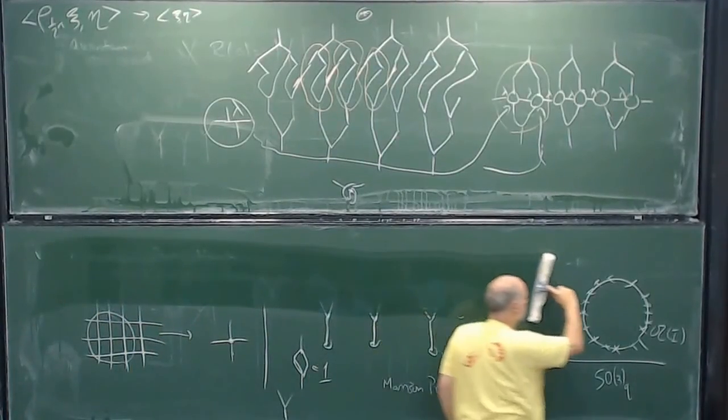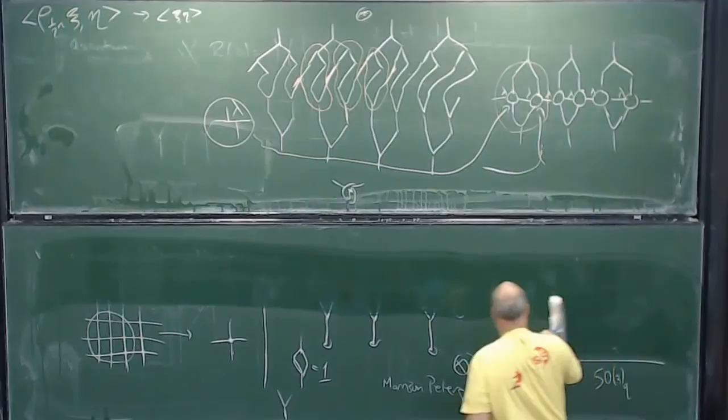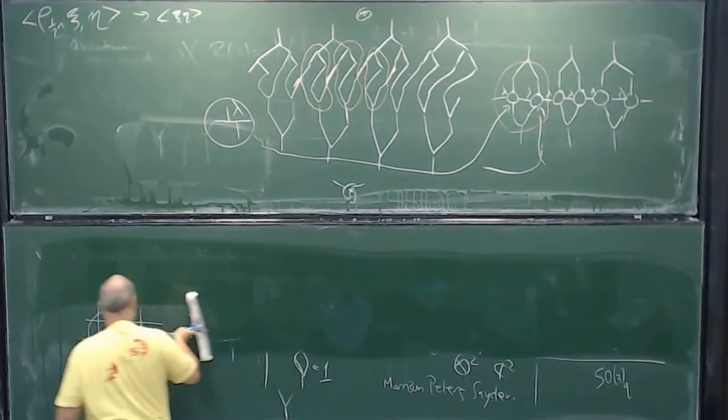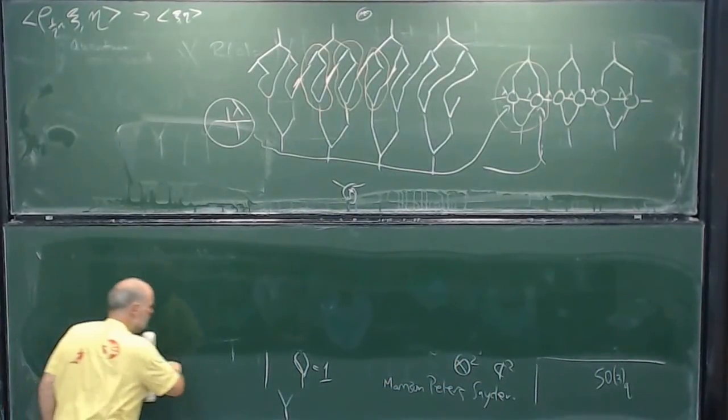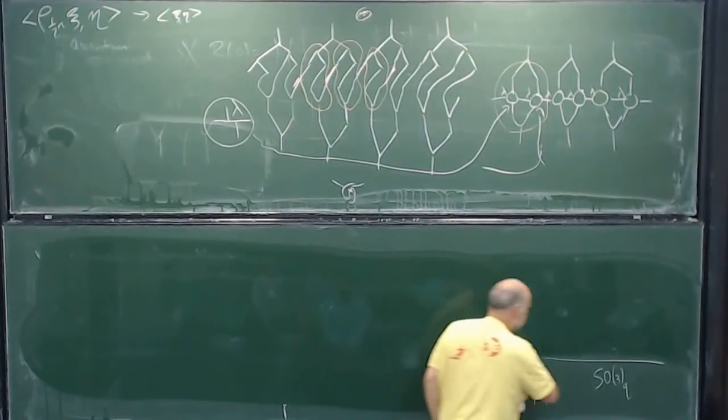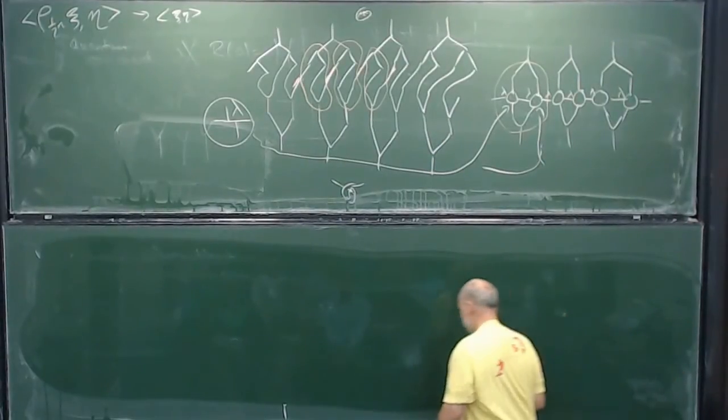So think about that. What's happening? I've changed scales, and I've simply changed parameters in the transfer matrix.